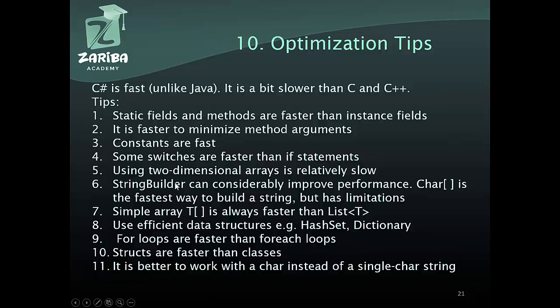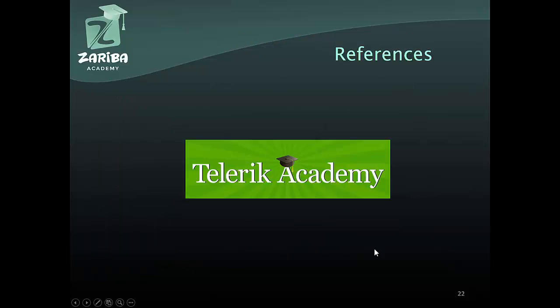So they're stored directly in the memory, and it's a lot easier for the computer to access them. It is better to work with a char instead of a single-char string. So if you have to just keep one letter or just one symbol, it's clearly better to only use a char for the reason.